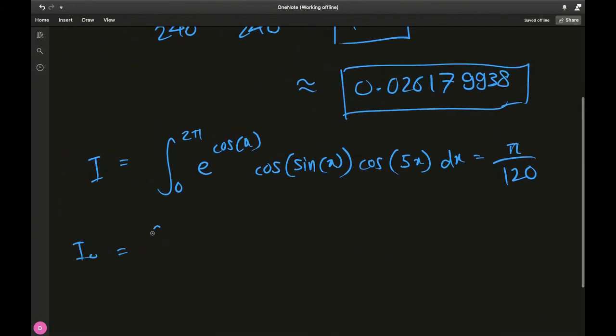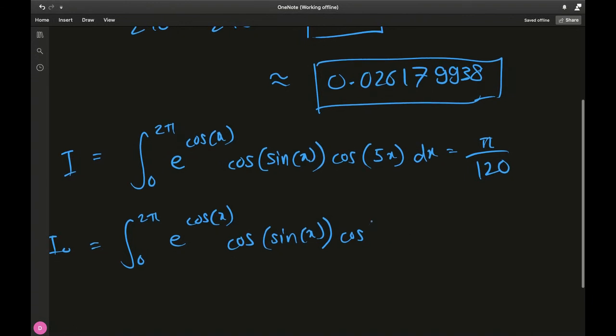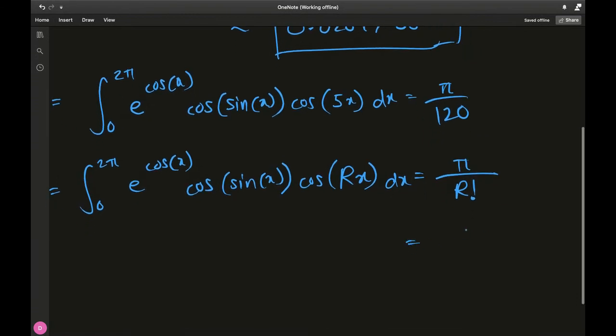See, I naught, the integral from 0 to 2 pi of e to the cosine of x, cosine of sine of x times cosine of say some constant r of x dx will just be pi over r factorial, or if you want to generalize for all non-integral numbers, gamma of r plus 1.